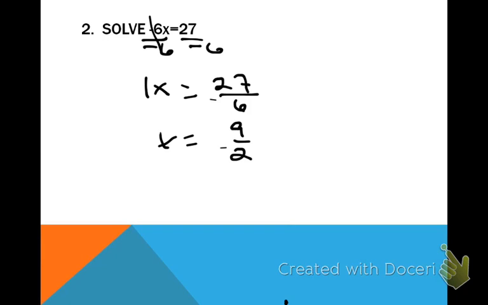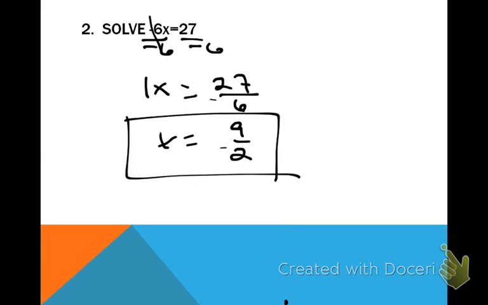So your solution here is x equals negative 9 over 2, an equivalent equation to that one. They mean the same thing. The bottom one just tells you that the value of x is negative 9 over 2.